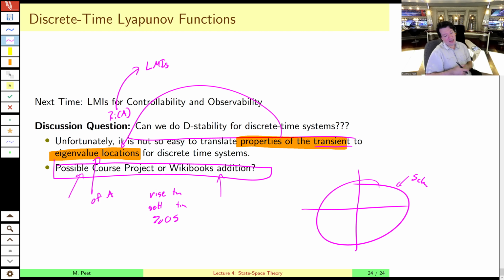And so as we move forward in later lectures, we'll mostly abandon the whole idea of eigenvalues. Well, not completely, but mostly.